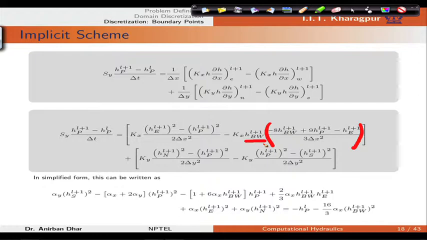So, if we have a specified value, then we can directly use that, because that is a known value. So, if we simplify this, again we will get terms with HS, HP, HE and HN.